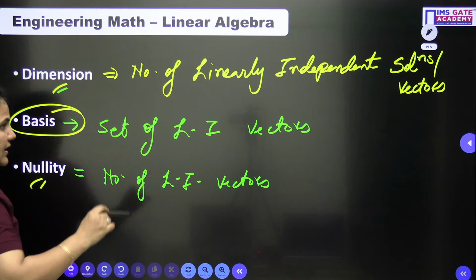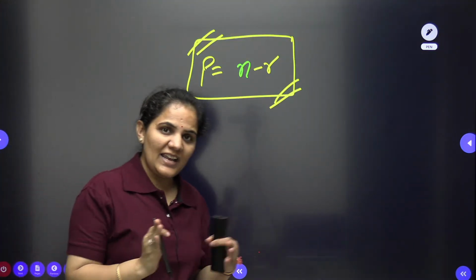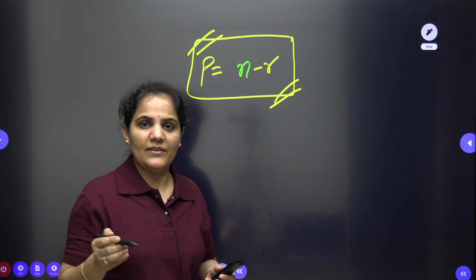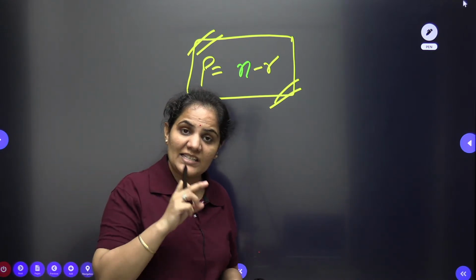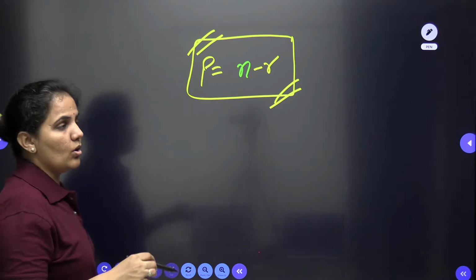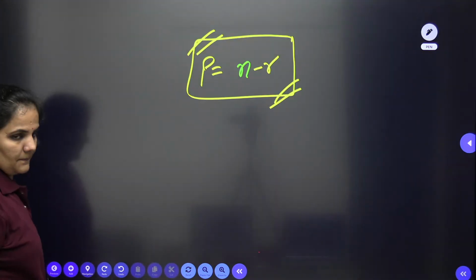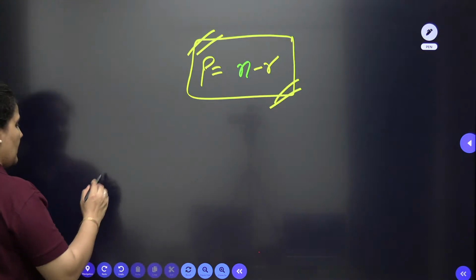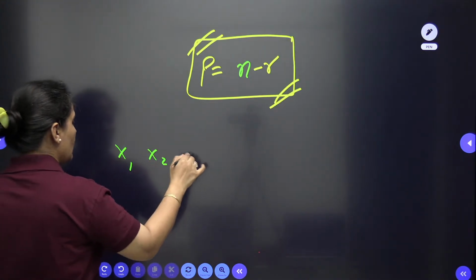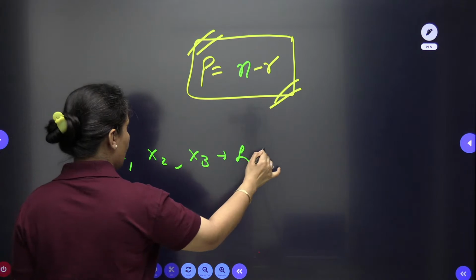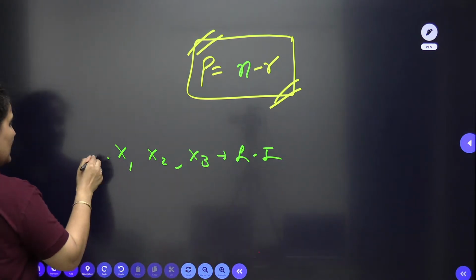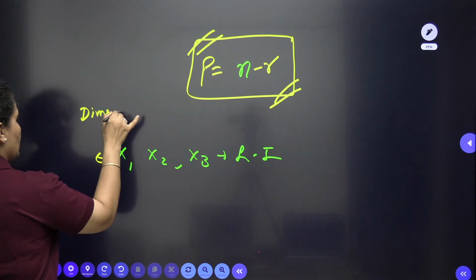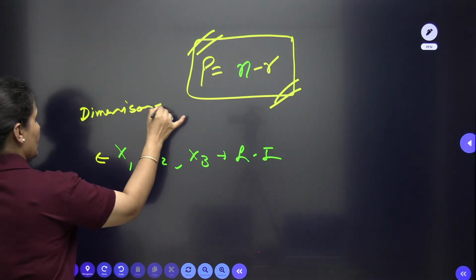Basis is a set. Suppose I am having 10 linearly independent vectors, and I write down those 10 vectors as a set, so that set is called a basis. Suppose I am having x1, x2, x3 as linearly independent vectors. The dimension is the number of linearly independent vectors, so it is 3.